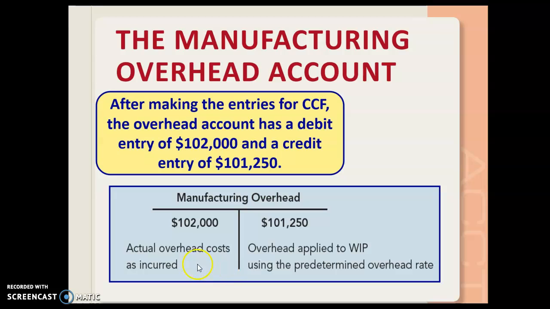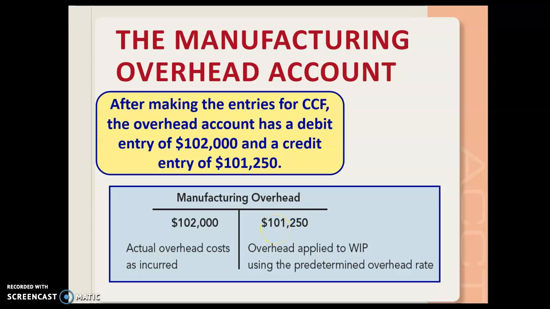So in our example earlier, they showed us where the actual cost for the furniture company that got debited to overhead during the year was $102,000. And that we actually had applied, we had 8,100 direct labor hours times $1,250 that we had ended up applying all year to the jobs.